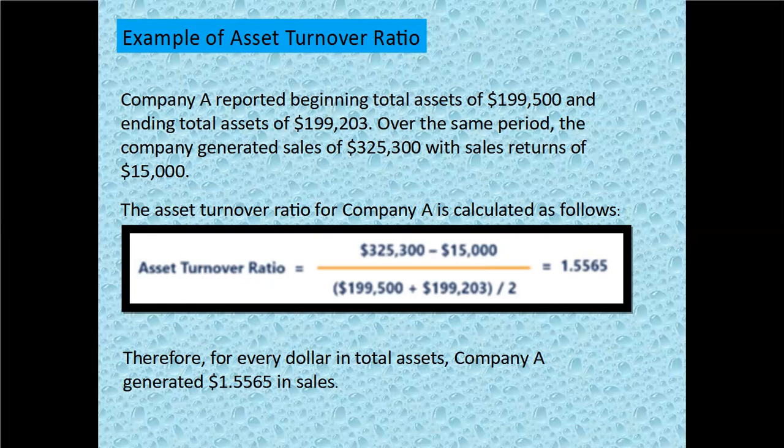You take the average of that. So this is how it is: start asset, end asset value, and then divide by 2. That's your average asset value, and that's how you calculate. It comes out to 1.55. It can be less than 1 also. It may not always be greater than 1.